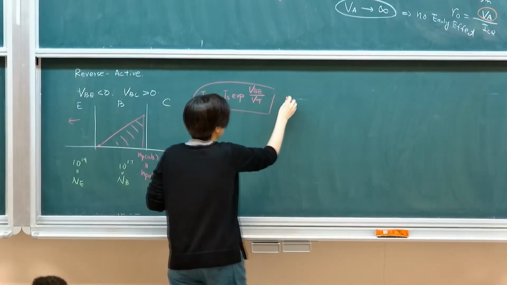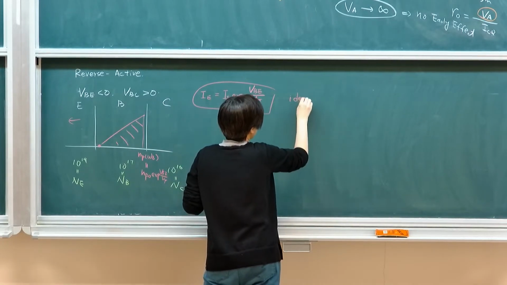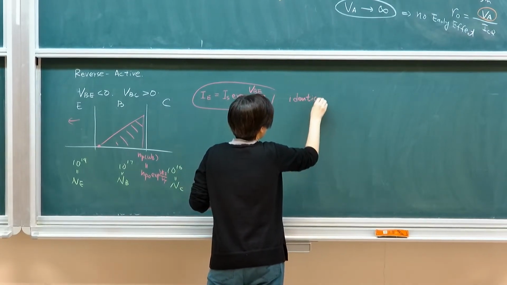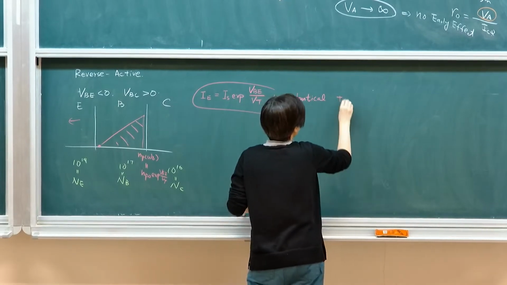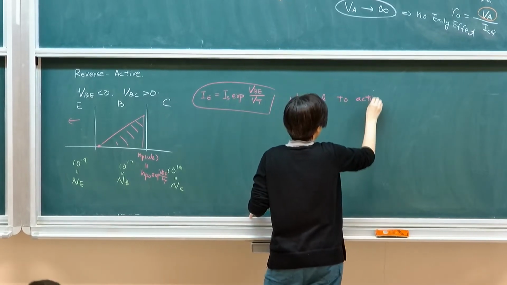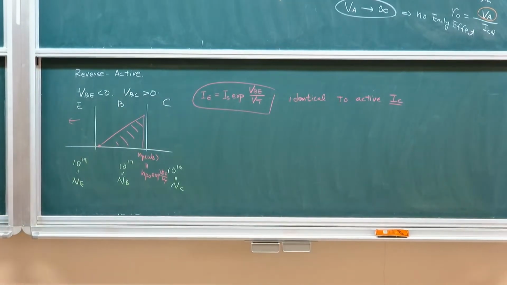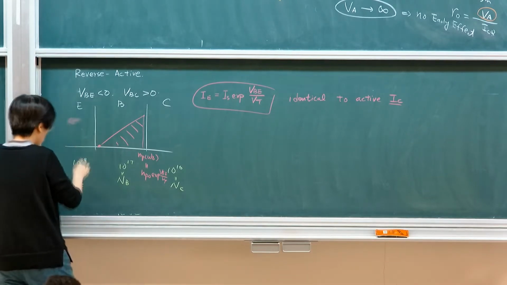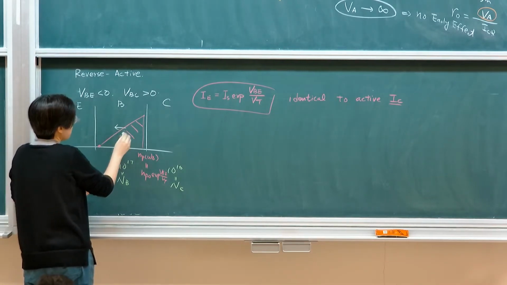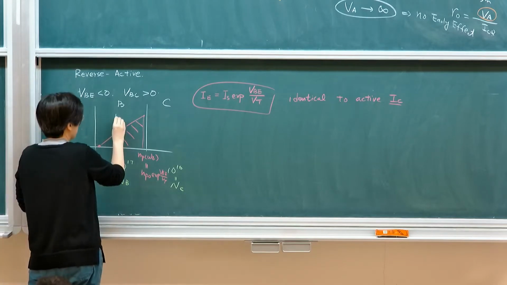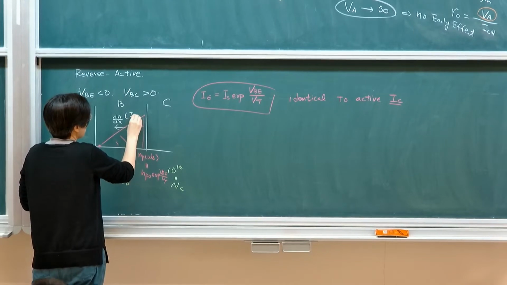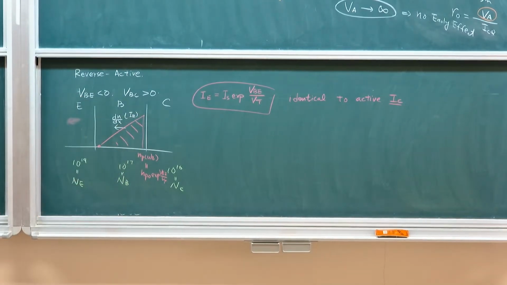So it's identical to active, the IS. It's the same as IC in active. So there's no loss in creating the electron current. Your electron current is the same. You actually have the same Dn, it's just in the reverse direction. And this is the electron current component. The electron current is identical because your base is identical.